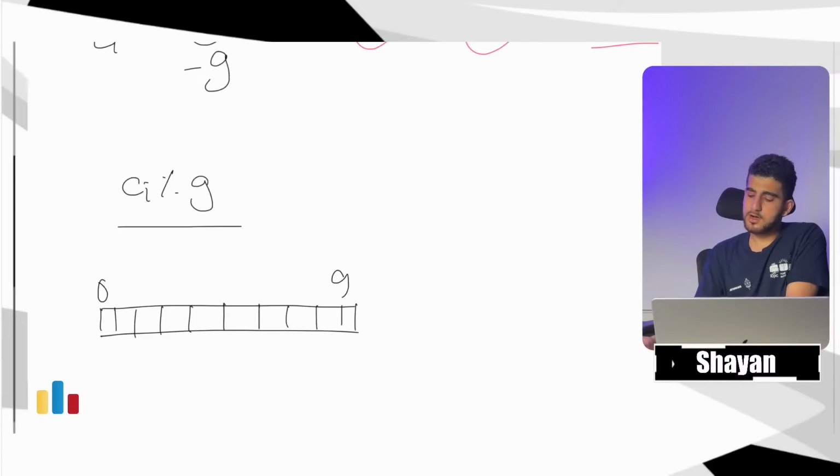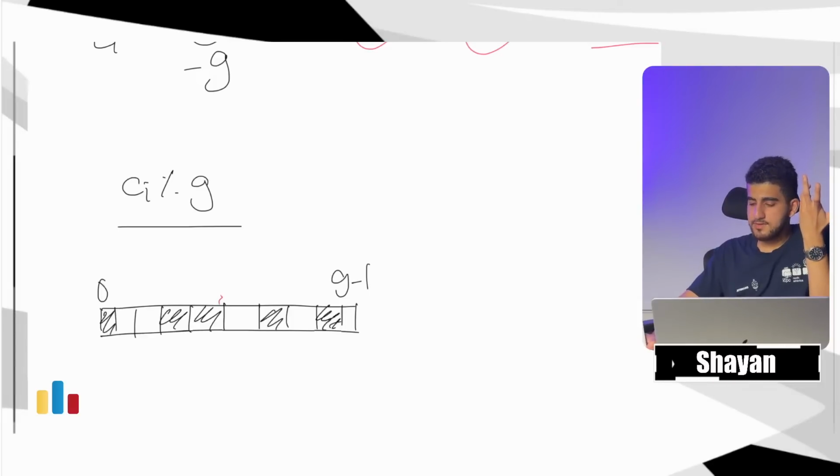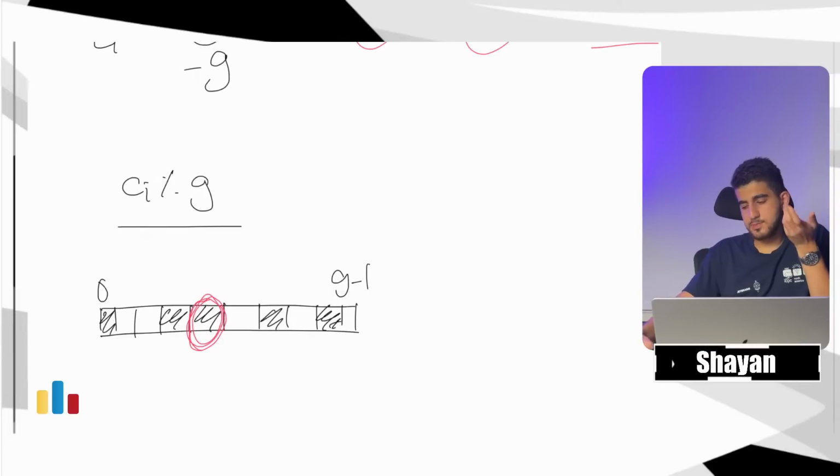We will mark all of those cells, those remainders that are in our elements, and ask which one of them is going to be the minimum. If this one is going to be the minimum, then we have to set everything else as the minimum possible value that is greater than it, because this must be the minimum.